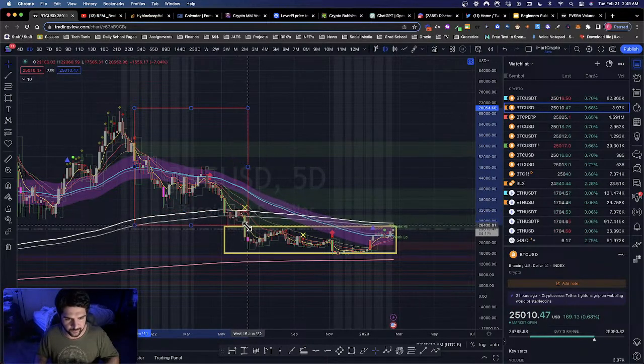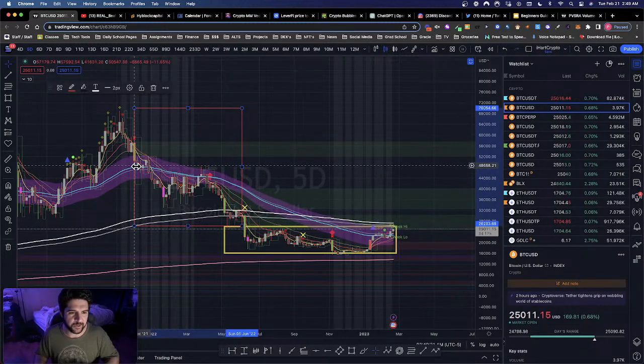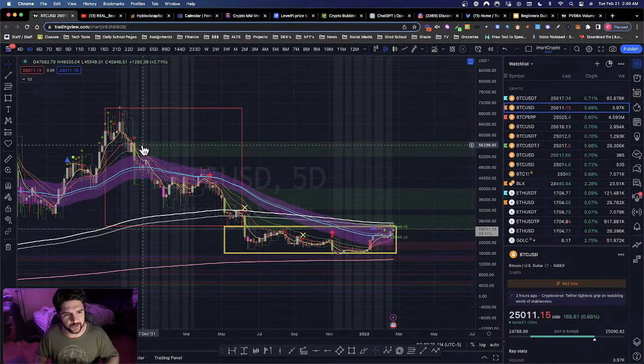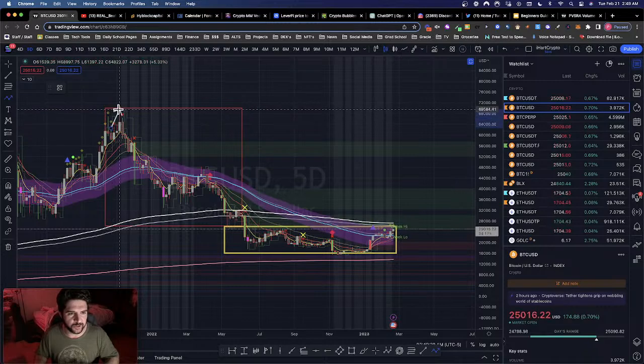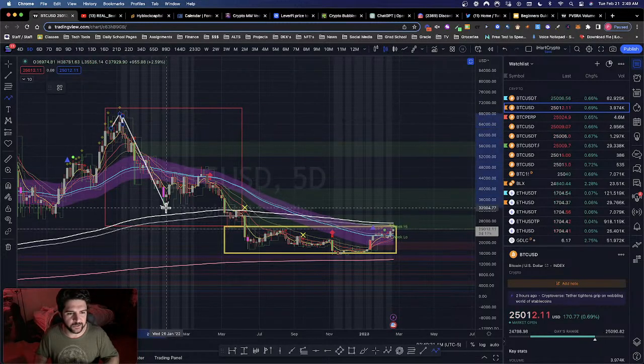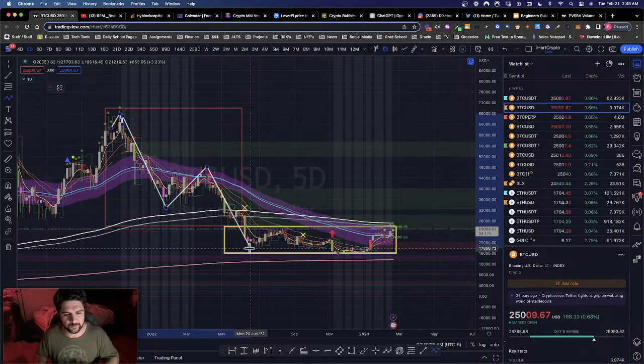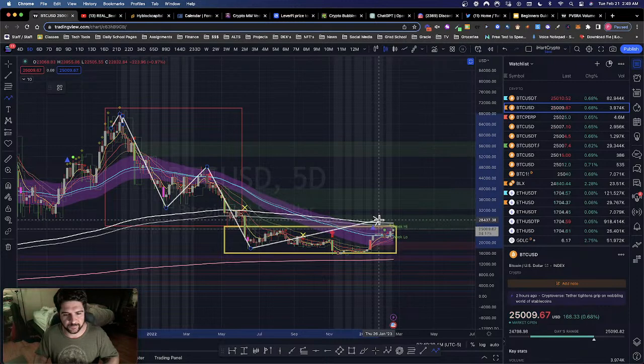So I'm happy to say that this to me is all level 1. And then you can have your count, because you do have your peak formation in here, a little M formation: drop, retrace, drop. And now you're getting that retrace.